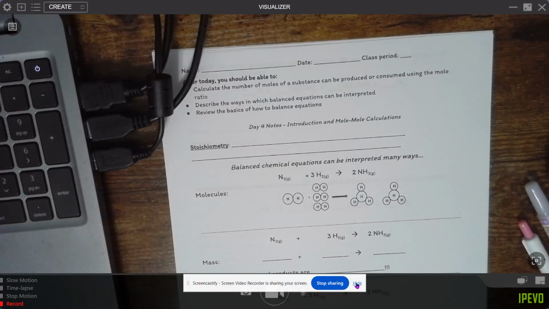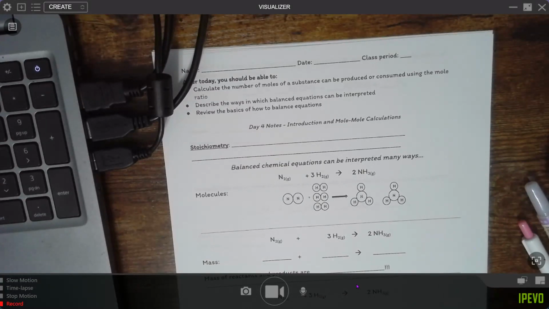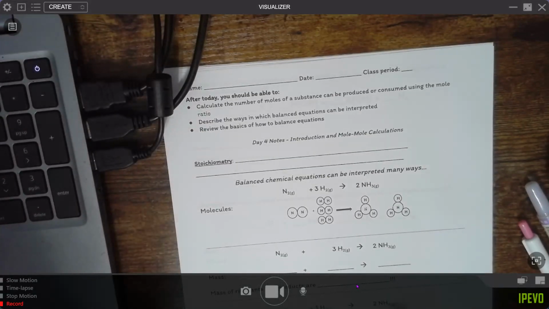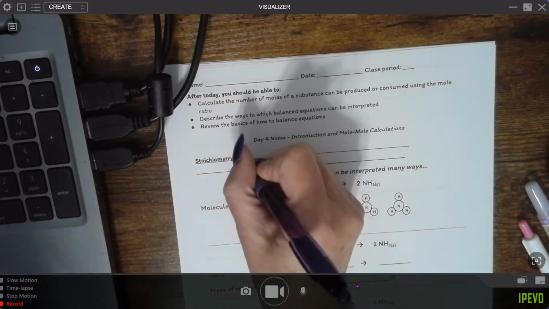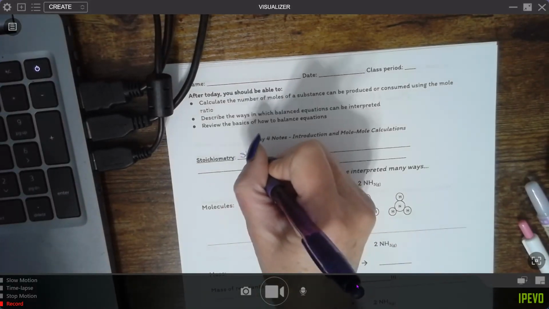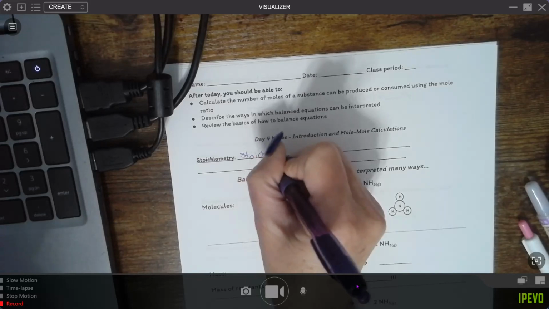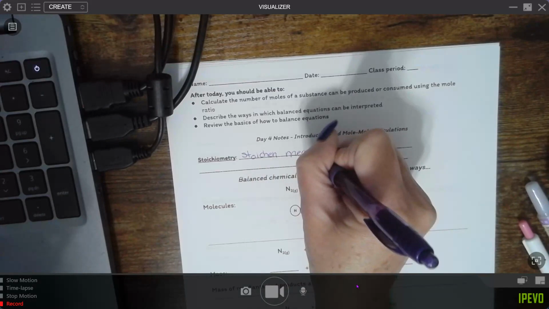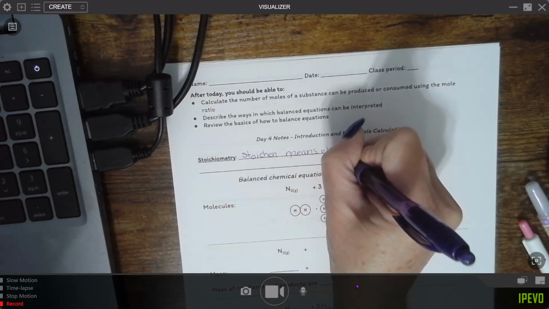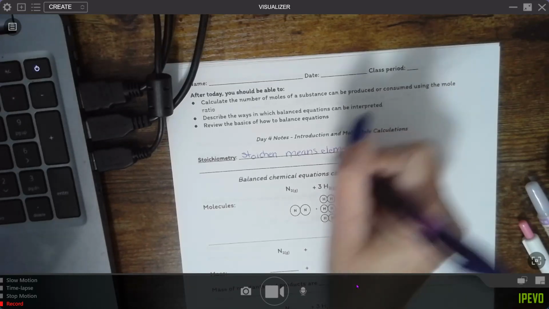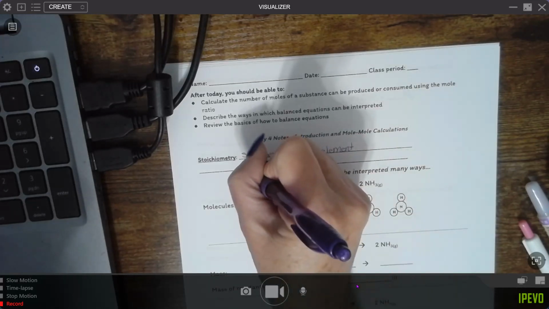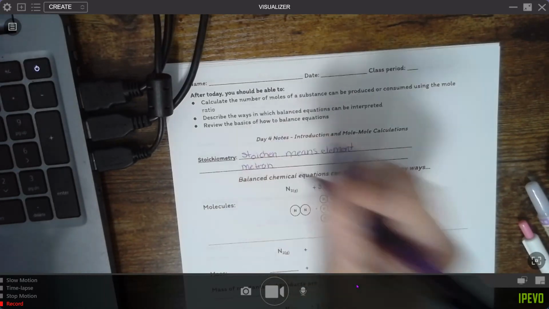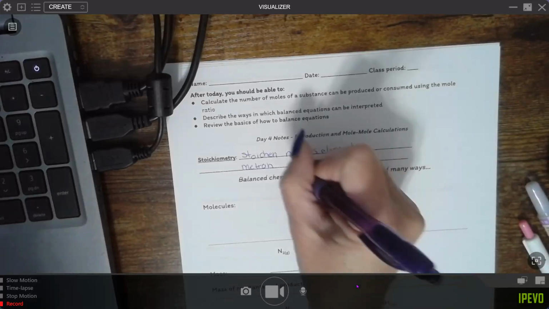Okay, so first of all, if you've noticed, the title of this unit is stoichiometry, which is a really big word and kind of scary, but it's really not so bad. Stoichiometry comes from the Greek stoichen, which means element, and metron, which means measure.